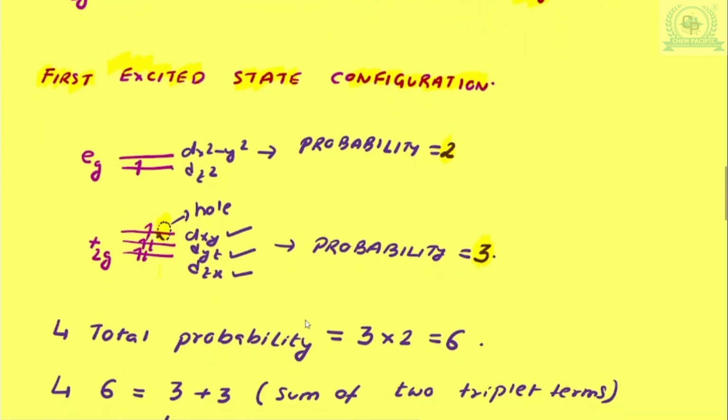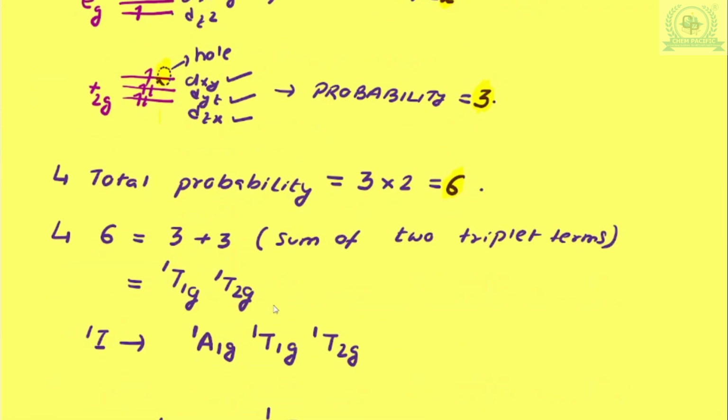Therefore, by formula, the total probability will turn out to be 6. This can be written as 6 equal to 3 plus 3, where 3 means triplet degenerate T terms.